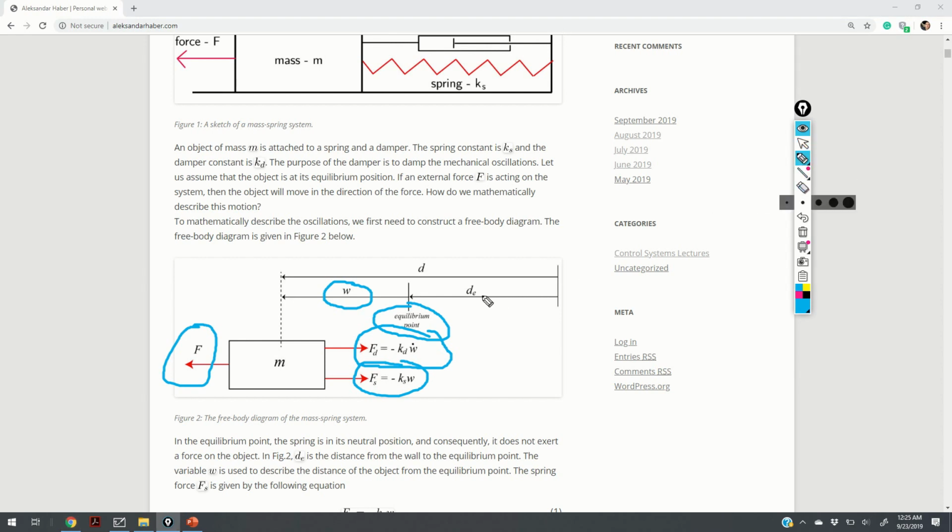Now, the spring force is proportional to the displacement W, and the proportionality constant is Ks.